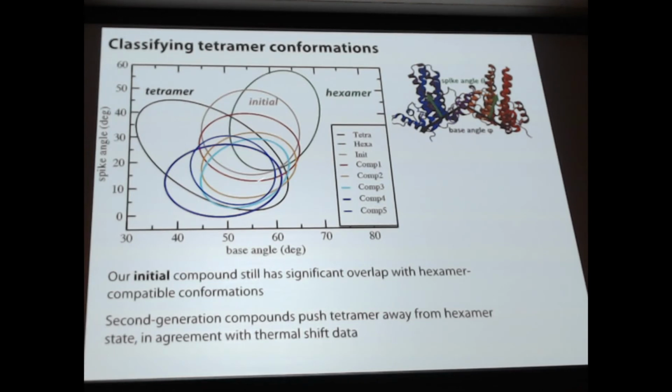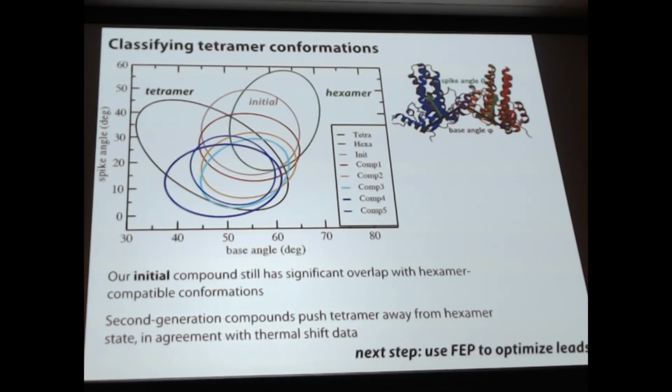So our initial compound, interestingly, has pretty good overlap actually with the hexamer state, but it wasn't very good at inhibiting, so maybe that's a sign why. And then our second generation compounds are actually starting to push further and further away from the hexamer, suggesting that maybe these are misdirectors. And that's in agreement with some of the experimental data coming out of the Shinazi lab.